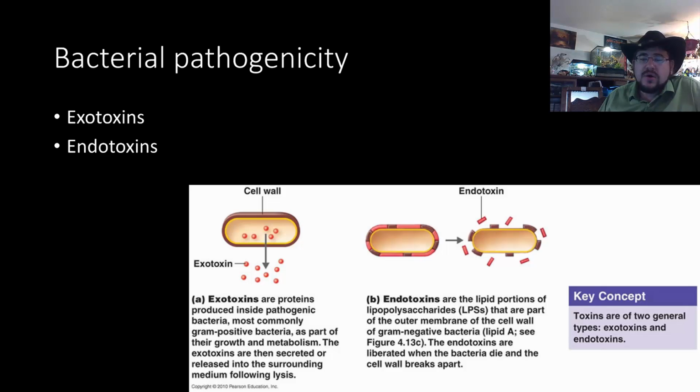Now, endotoxins. The easiest way to talk about this is that an endotoxin is essentially a toxic cell wall. So exotoxins are made by the bacteria and squirted out. An endotoxin is where the cell wall of the bacteria itself is toxic. So just the presence of the bacteria. It doesn't have to be making anything. It just has to be chilling inside you.